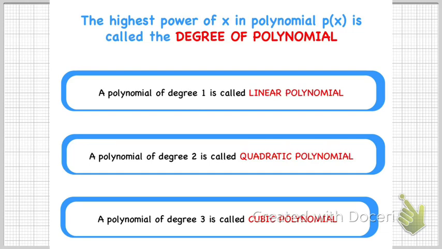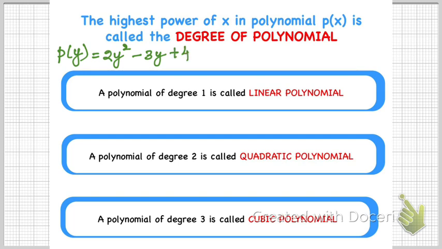Now coming to the degree of a polynomial. The highest power of x in a polynomial p(x) is called the degree of the polynomial. For example, I am taking some other example. Say you have a polynomial p(y) is equal to 2y square minus 3y plus 4.